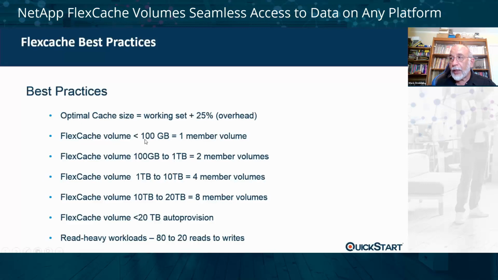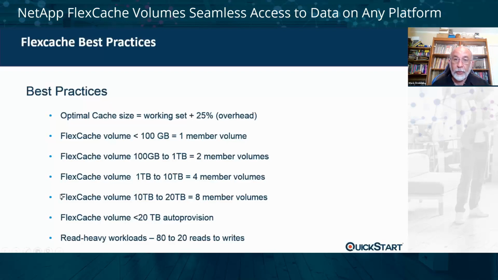If we're talking about less than 100 gig, then one member volume would be enough. As we climb up in size, we add member volumes to reflect that. Okay. This allows us to parallelize those workloads and increase the performance. That is inherent in the FlexGroup architecture, which is why this was chosen.